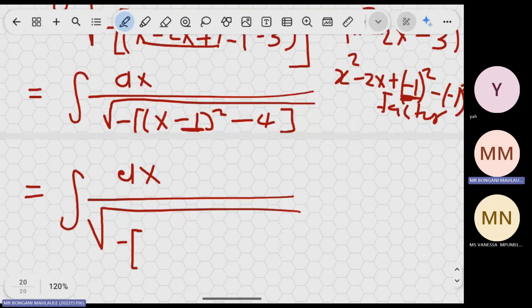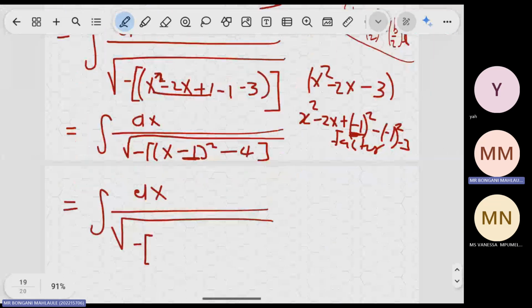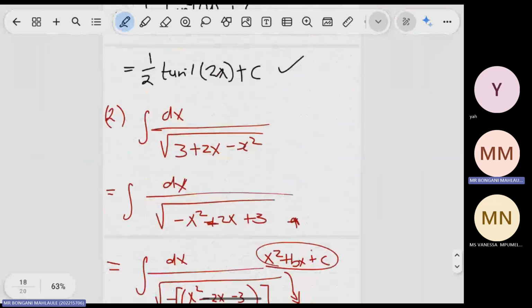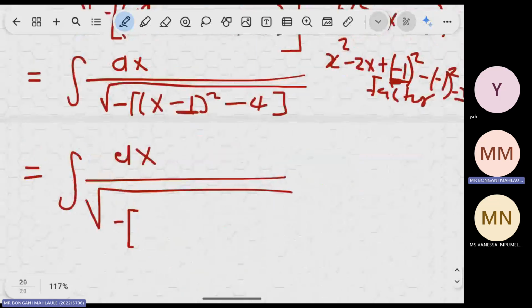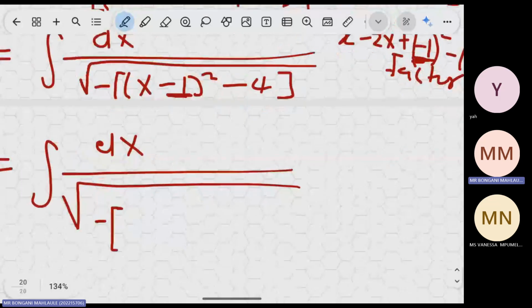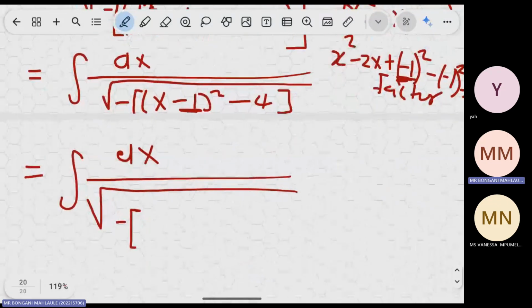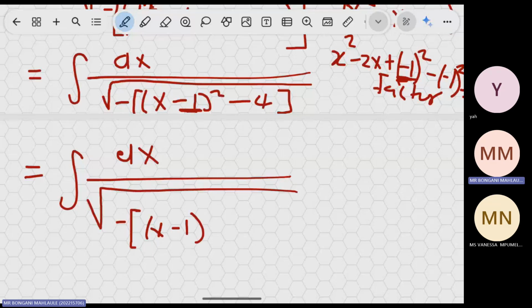So from here, what can we do, guys? I've completed the square. Integrating this one, by having x minus 1 squared, that 4 can be written as 2 squared.